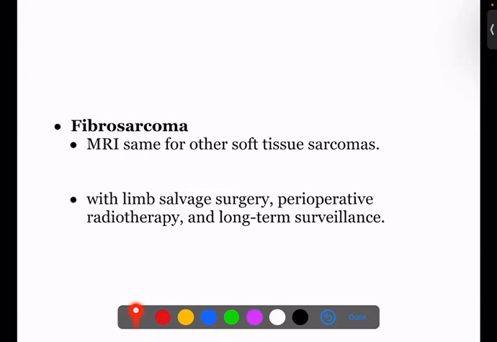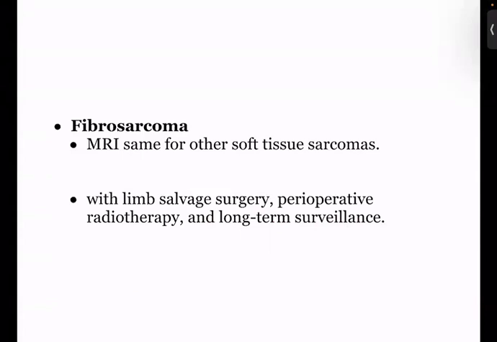The more heterogeneous it is, the more likely it is to be more aggressive, as a general rule. So fibrosarcoma, again, it's a sarcoma. So the treatment is wide margin excision plus or minus radiotherapy, okay? Long-term surveillance, because they have a chance of recurrence, all of them do.